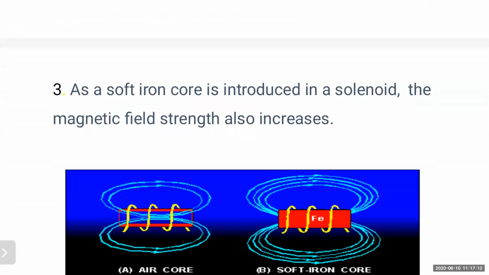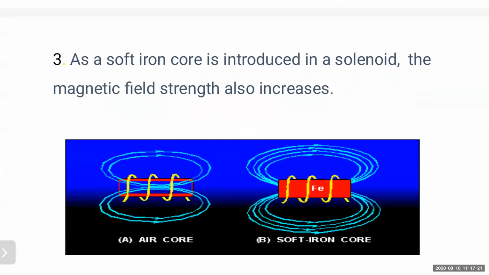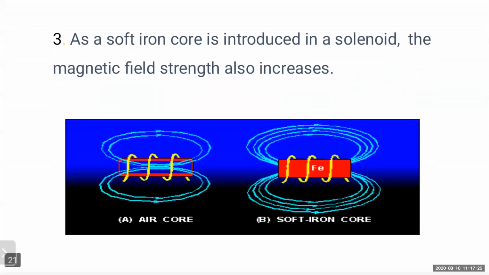Third point is a soft iron core. Now this is the main point. If we introduce a soft iron core inside the solenoid, the magnetic field strength also increases. Look at the figure, two diagrams are there.